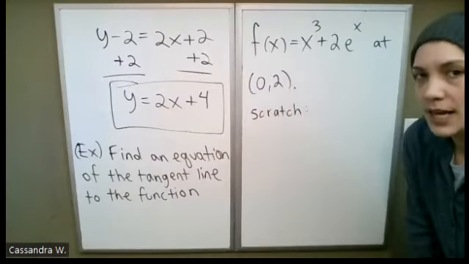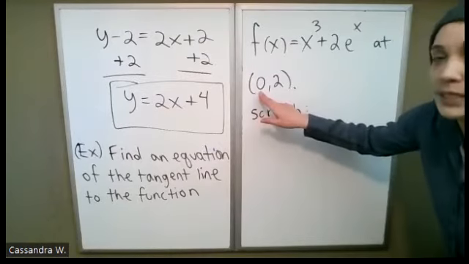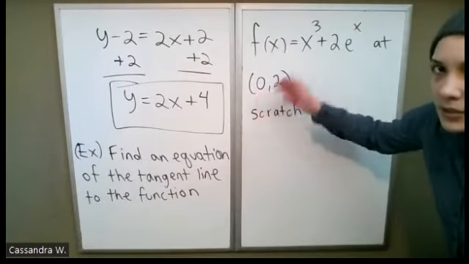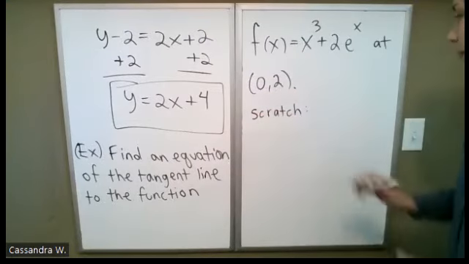If you get f prime of x and then plug in x equal to 0, you'll get the slope of the tangent line to this function at that point. So we want f prime of 0.